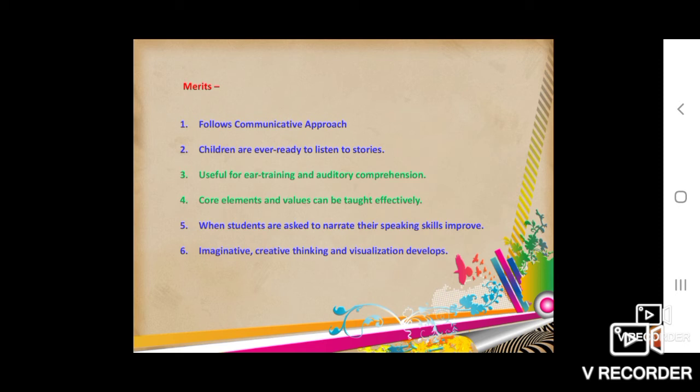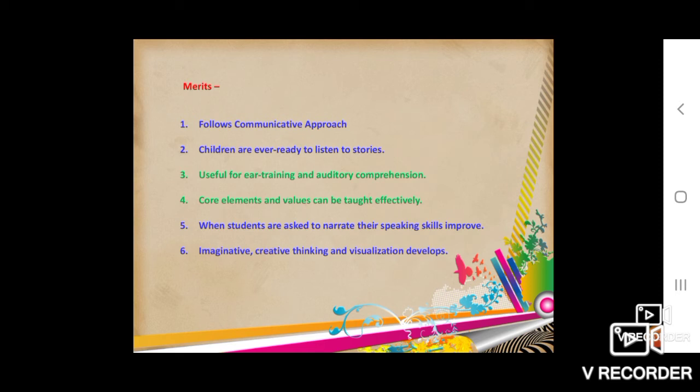Core elements and values can be taught effectively. We know that there are 10 core elements and 10 values. For inculcation of these values, after explanation, you have to give examples.